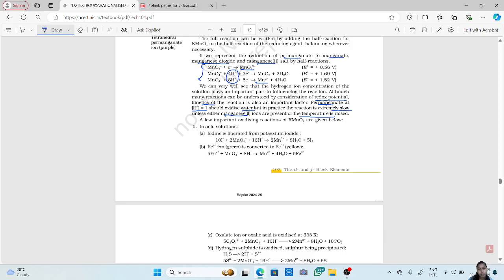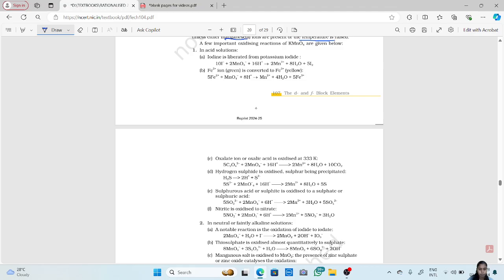Now, a few important oxidizing reactions of KMnO4 are given below. First, in acid solutions. Iodine is liberated from potassium iodide. Here we have taken I minus, meaning KI, and we have used permanganate in the presence of H plus.